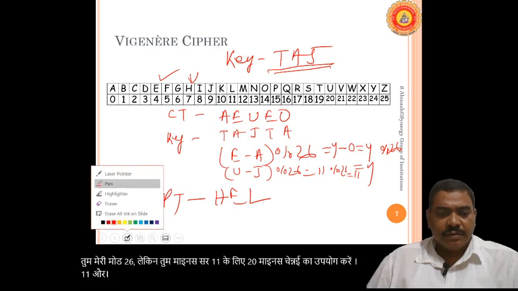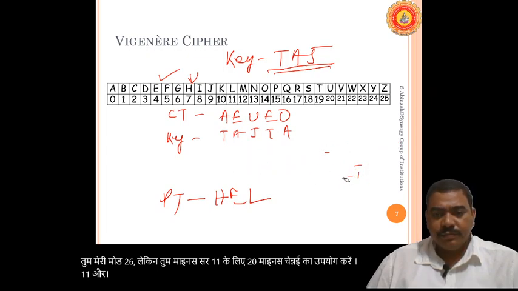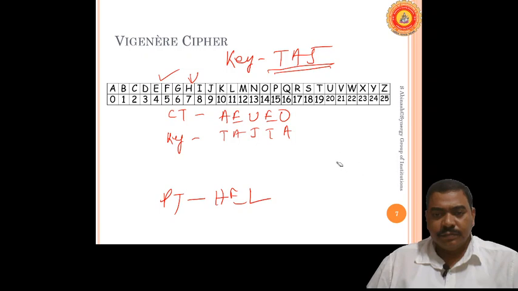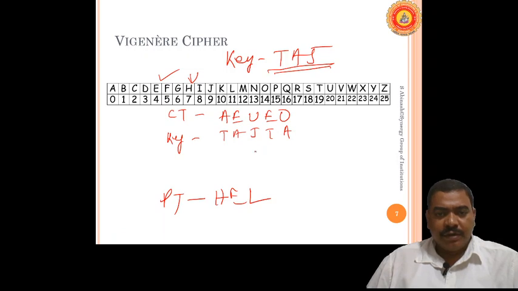So similarly, you can make e minus t mod 26.